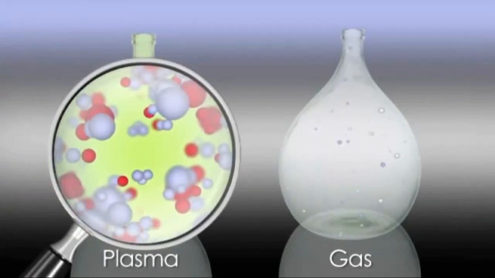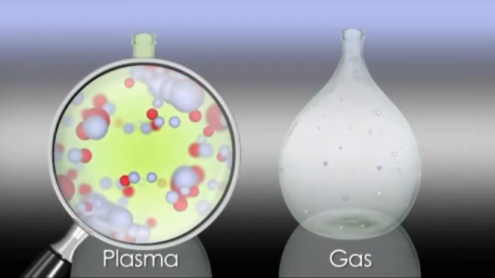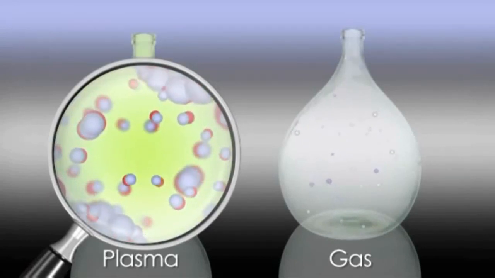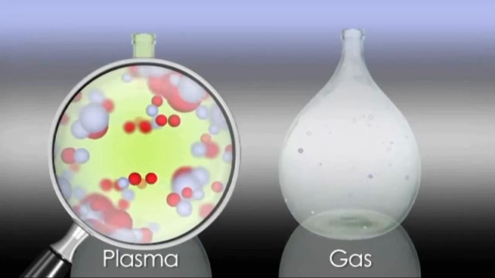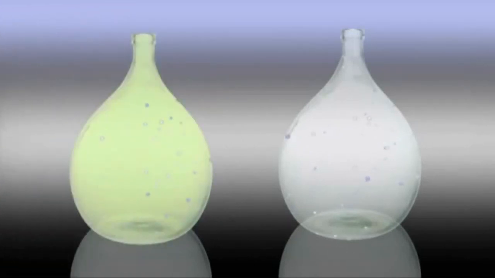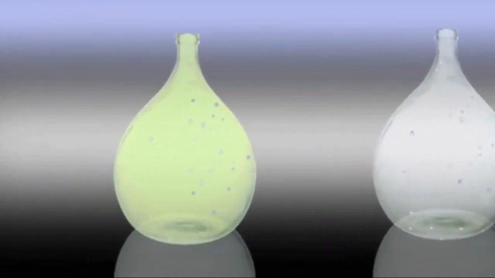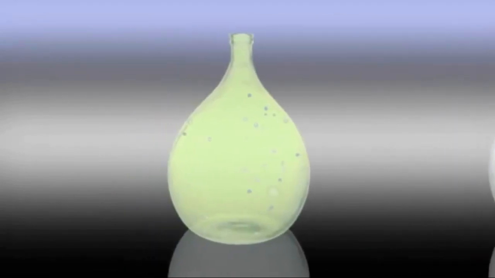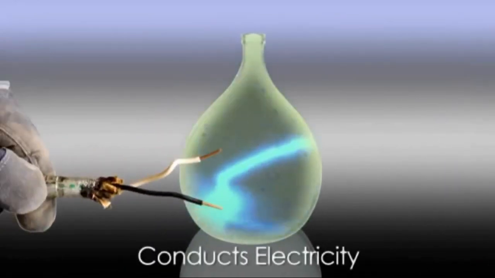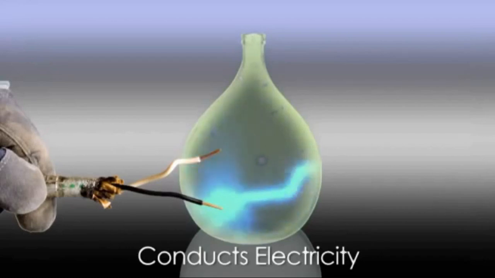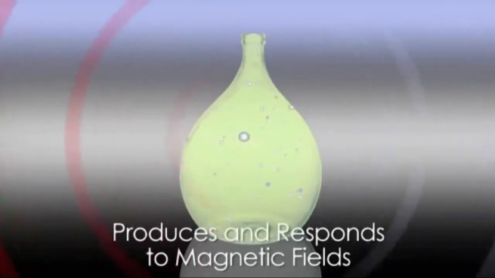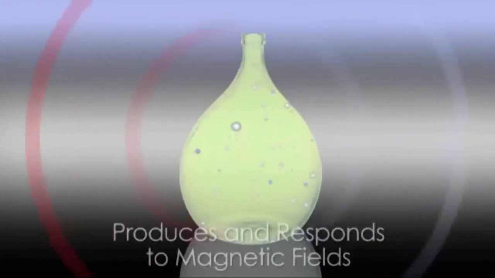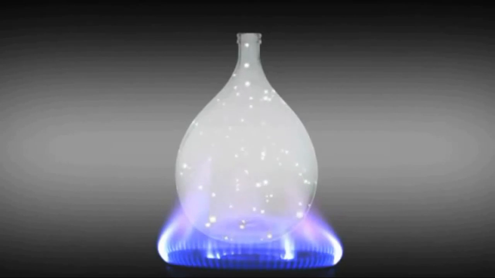In plasma, electrons are released from their orbits around a nucleus, creating a soup of free electrons and nuclei. Because these charged particles are loose, plasma easily conducts electricity and both produces and responds to magnetic fields.